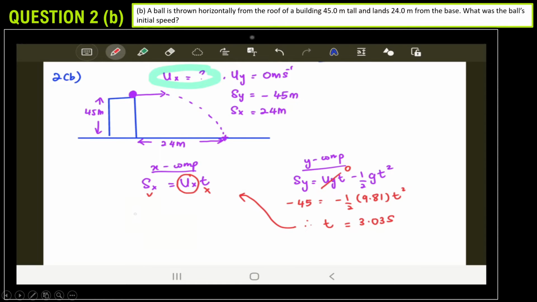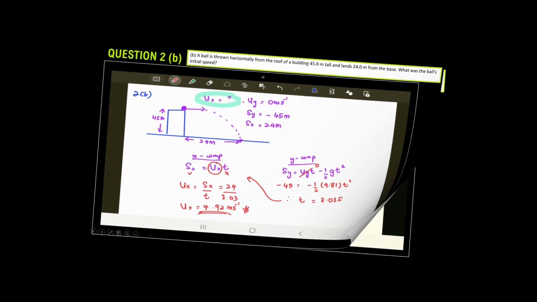Therefore, Ux is equal to Sx over t. Substitute the values, 24 over 3.03, and finally Ux, which is the initial speed of the ball projected horizontally, is equal to 7.92 meters per second. Alright, so that finishes question number 2b.